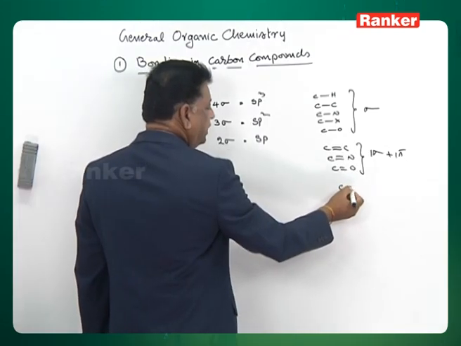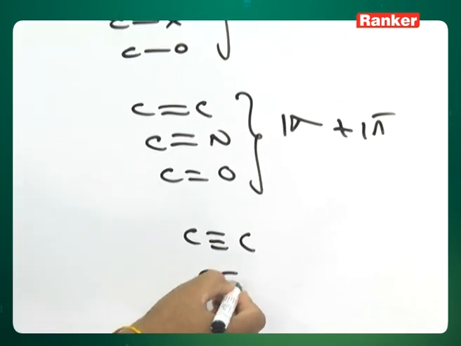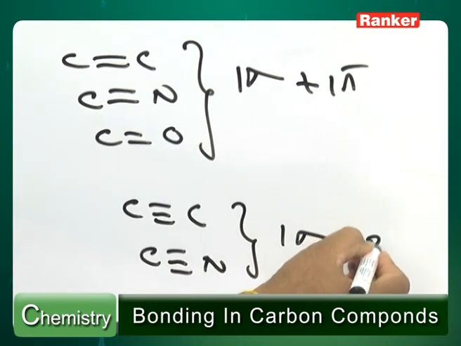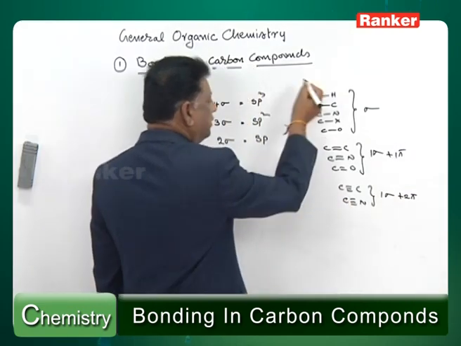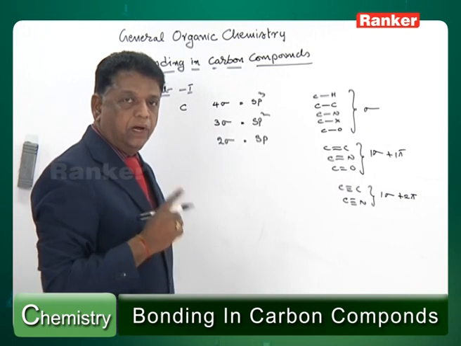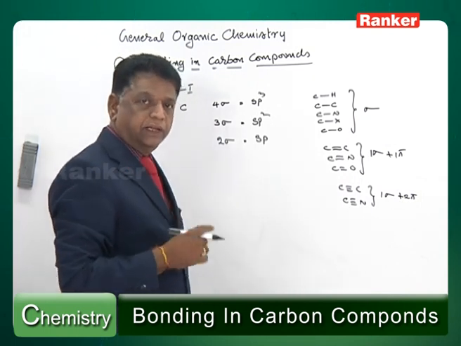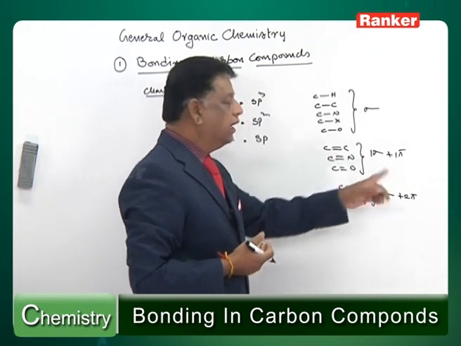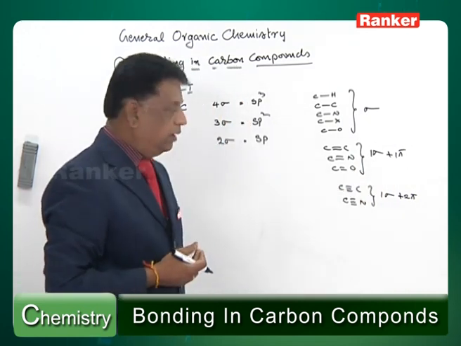Whenever a triple bond is there, like carbon-carbon or carbon-nitrogen, we have 1 sigma bond plus 2 pi bonds. That means when multiple bonds come, one will inevitably be a sigma bond, the strong bond. In addition to that, the extra bonds we consider as pi bonds.